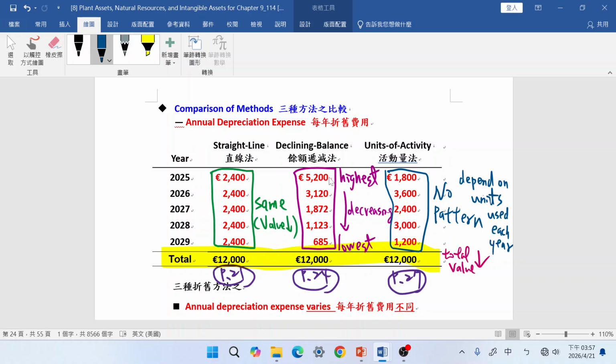Okay, so even though we spent 3 hours asking you to do the math, you have to understand the logic we actually have right here. Okay, any questions? So the 3 methods just help you find out the amount for each year. Then based on this, you can expect your PP's book value each year.